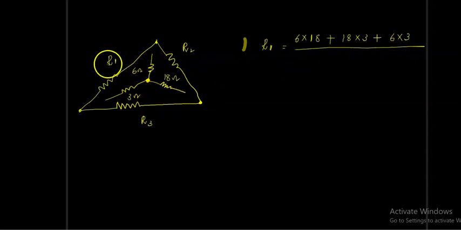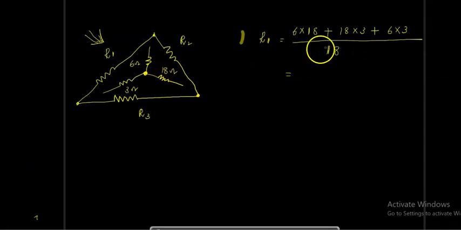That is divided by, from the perspective of R1, the resistor opposite to R1, which is 18 ohm. So the numerator sum is 180, and 180 divided by 18 is 10 ohm.